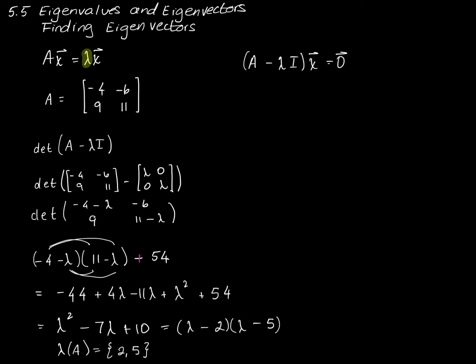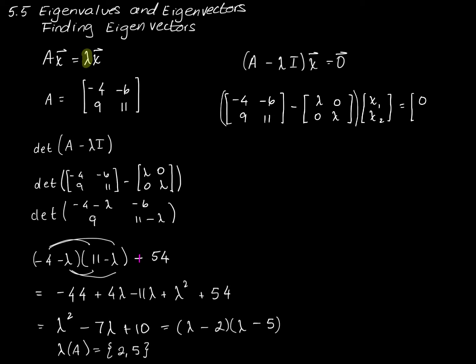So I'll get A, which is [-4, -6; 9, 11], minus I, which will be a 2 by 2 matrix, and when I scale it by lambda, instead of 1, 0, 0, 1, I get lambda, 0, 0, lambda. I'm going to multiply that by a vector whose entries I don't know, but I know are real numbers, so they may not be distinct.